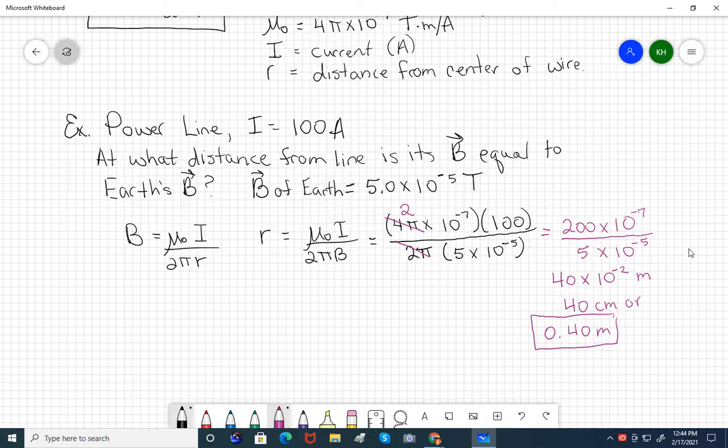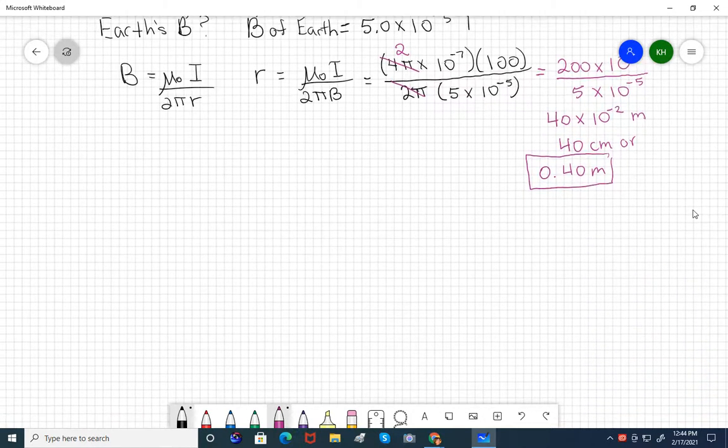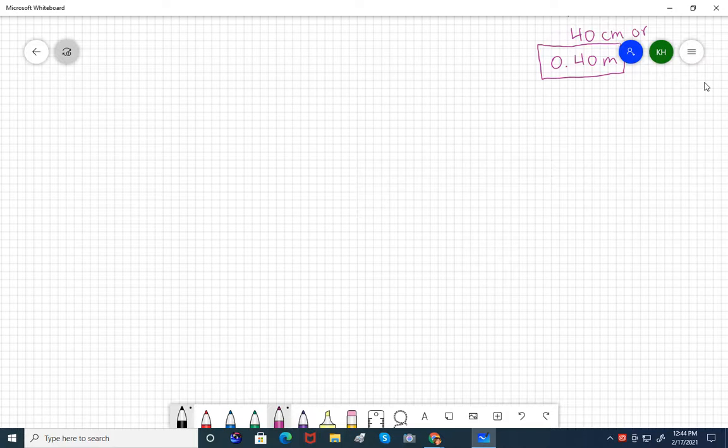Okay, our next section, section 20.8, talks about the force between two parallel wires.